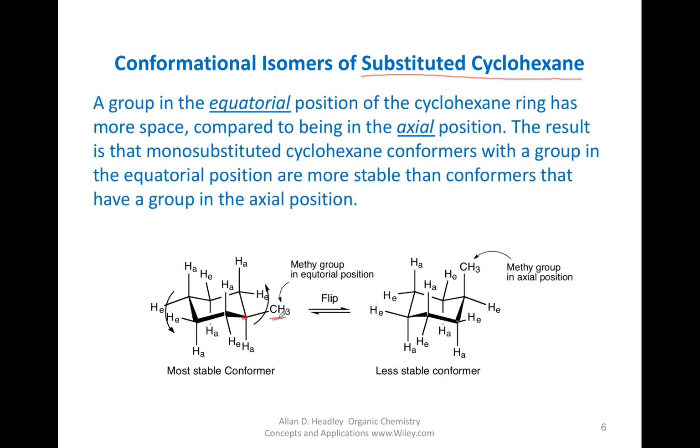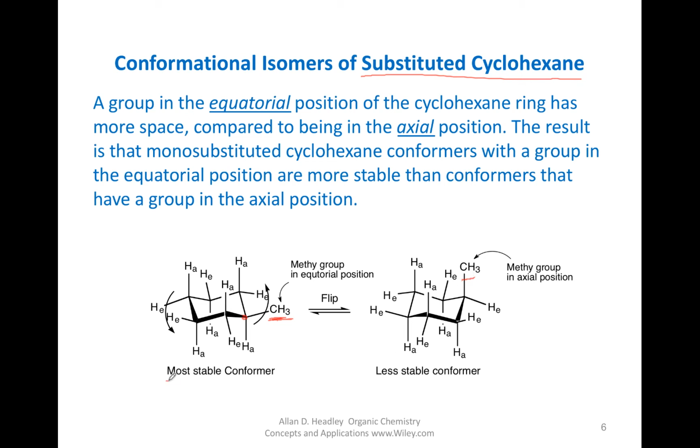So the question is, will the methyl group prefer to be in the equatorial position as shown here, or in the axial position as shown here? You can take a guess. The equatorial position has more space, and the axial position has less space. In other words, more crowding in the axial positions because of the hydrogens or groups that are surrounding it.